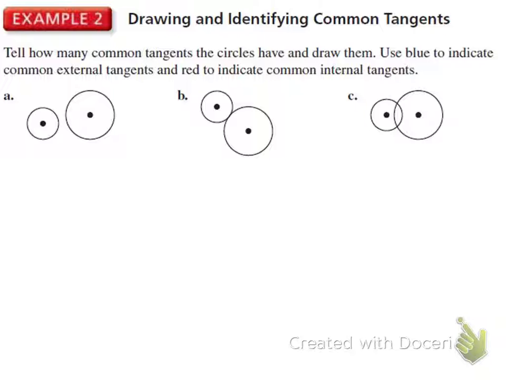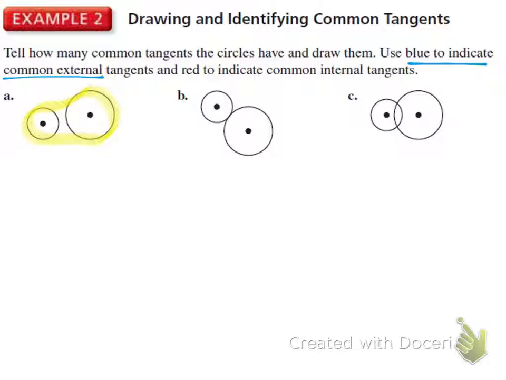You can pick whatever color you want. And then red for internal. So, again, if I outline the outside of these 2 circles, external is on the outside of both of them, whereas internal is in between both of them.